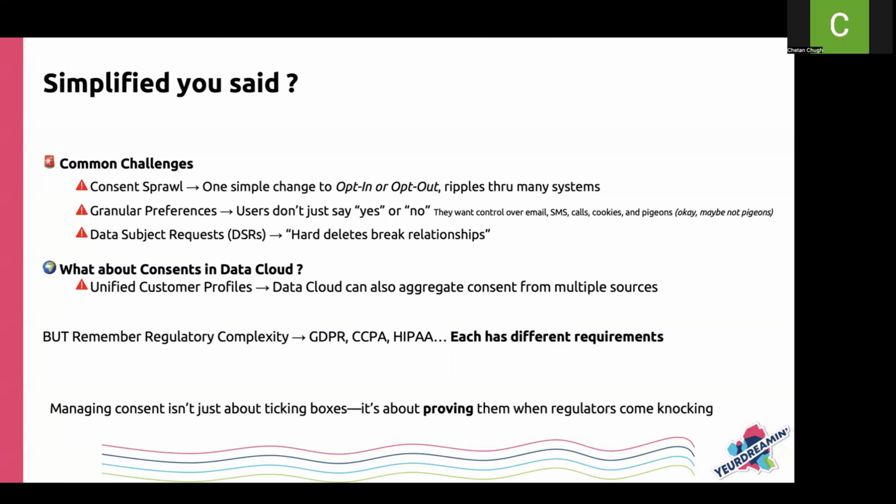So Salesforce core, where you maintain this, more or less receives this information as second-hand information. So there are quite a lot of jumps in between. So one simple change, an opt-in or an opt-out, has a ripple effect on many different systems, right? So this is not as simple as receiving the information directly into that object and that's all.